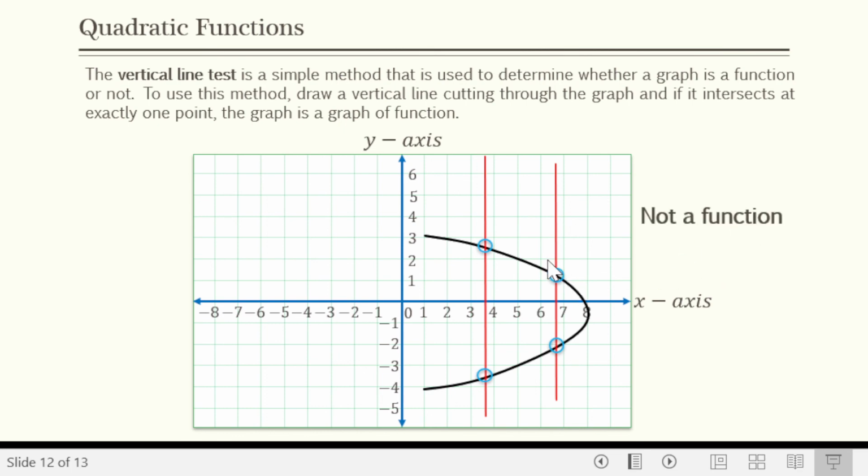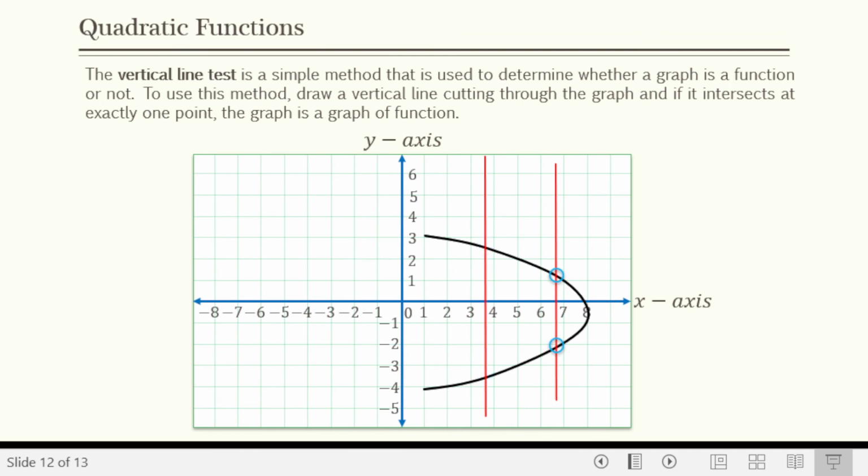Ganun lang. So, when you are asked or when you are given a graph, tapos you were asked to test if that graph is a function, gagawin nyo, gagawa lang kayo ng vertical line, the same thing with this, di ba? So, gumawa tayo ng vertical line, tapos tiningnan natin yung intersection point. Pag dalawa yung intersection niya, meaning, that is not a function. Okay?